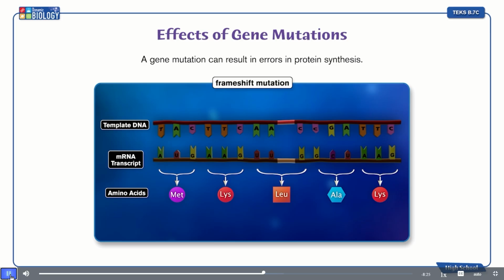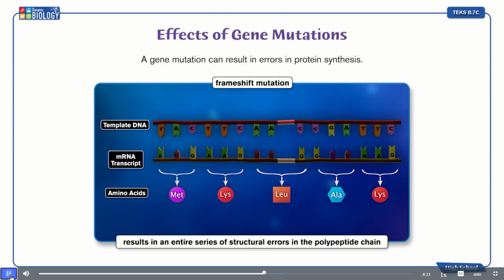One missing RNA base caused the entire reading frame to be shifted, resulting in a potentially lengthy and damaging series of errors in the polypeptide chain, hence the term frameshift mutation. Note that just like deletions, insertions can also cause frameshift mutations.